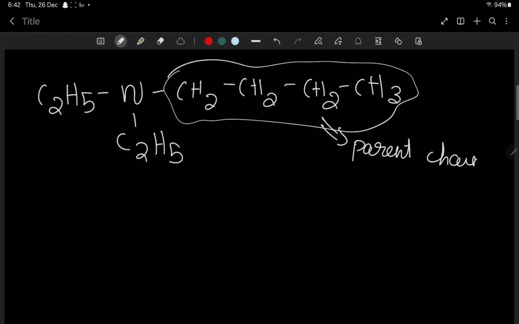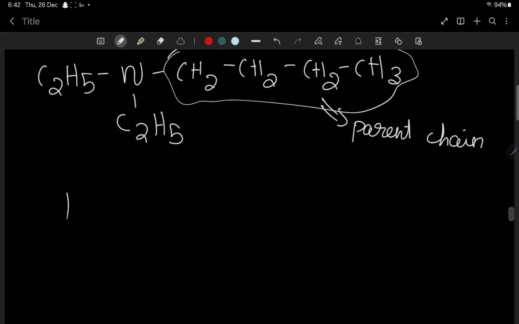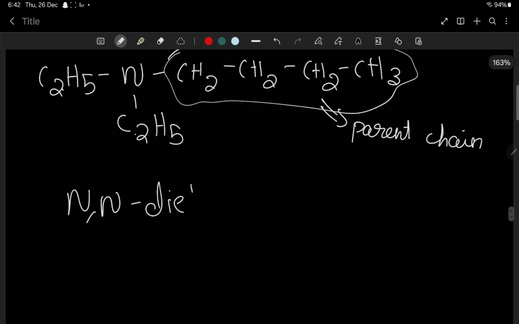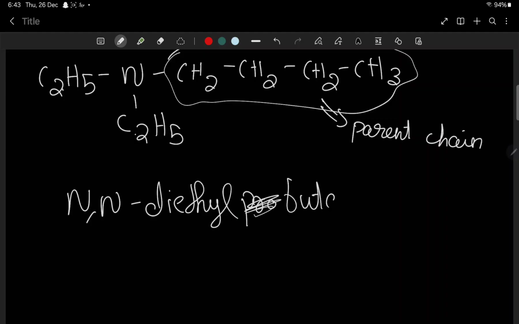The others have only 2 carbons. Here it's 4 carbons. So it will become N comma N diethyl. This is not propan, it is butanamine. NN diethyl butanamine. You can name it as butan-1-amine, butan-2-amine, for example. But since it is butan-1-amine, we will name it butanamine itself.